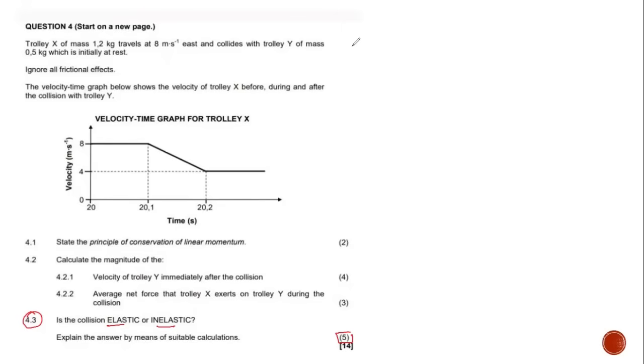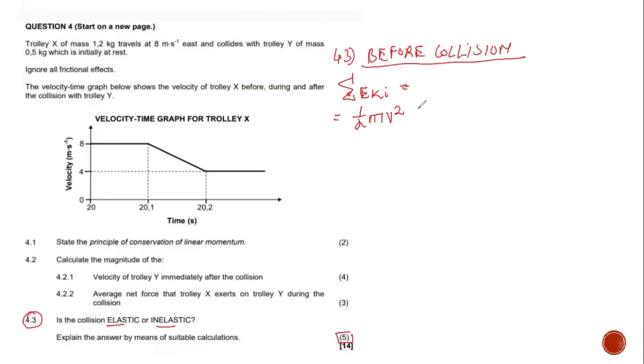Then this is 4.3. So what do I mean by that? I will say, okay, before collision, I have a sum EK initially equals to, so let me just have it below here, half mv squared plus half mv squared, right? So I will say this is for Trolley X and then this is for Trolley Y. So these are the initial velocities.